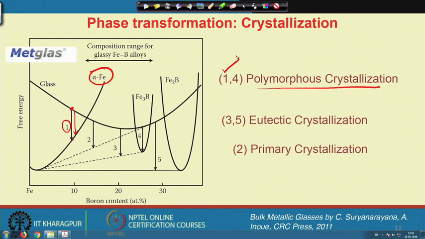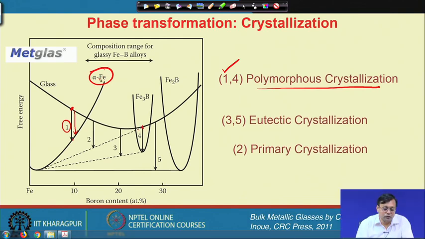This is case 1, whereas I may also have alpha iron as a solid solution, which is why there is a continuation of this free energy curve. And now, if I create an intermetallic phase, you see this is case 4, where a glassy phase transforms into Fe3B. So, this is also a polymorphous crystallization.